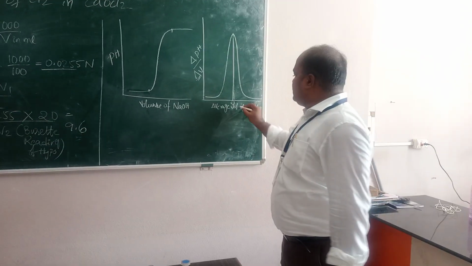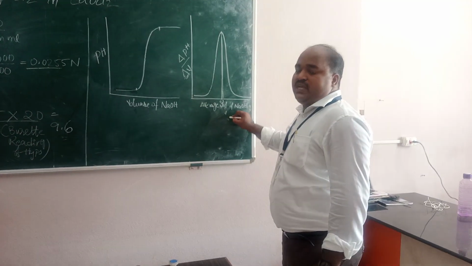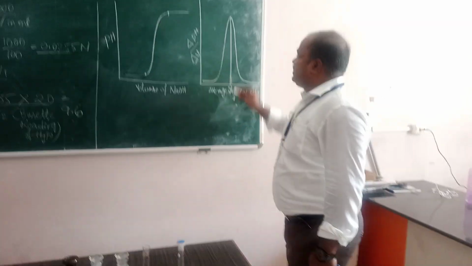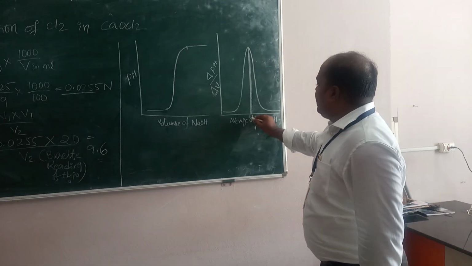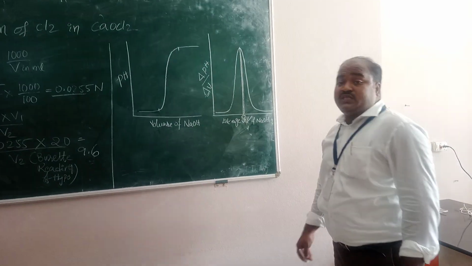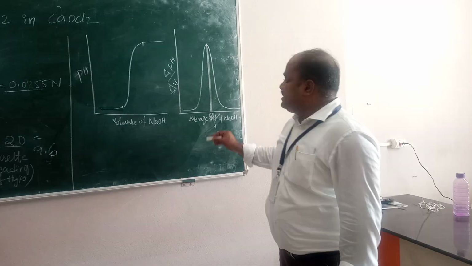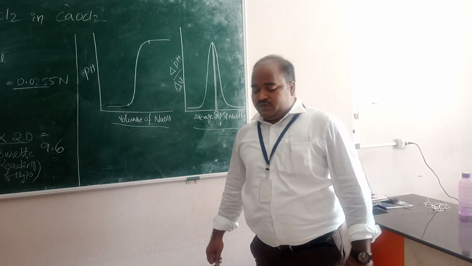So 6.3 ml is the required volume of NaOH for complete neutralization of hydrochloric acid. These are the two graphs that we need to draw from the calculations.